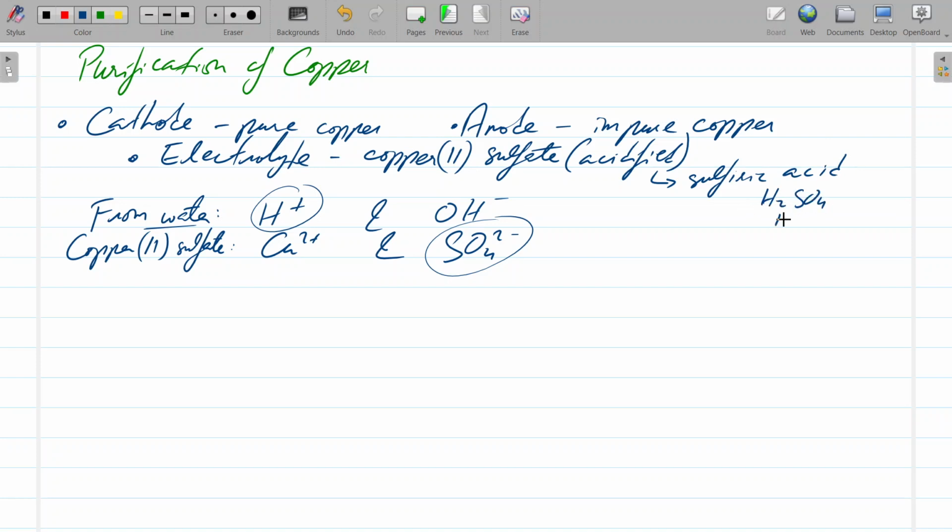It has hydrogen ions and sulfate ions. You already have sulfate ions in the copper sulfate, and you already have hydrogen ions coming in from water. So it's not going to add extra ions to make the electrolysis more difficult, but it's going to help activate the process by having another ionic aqueous solution.